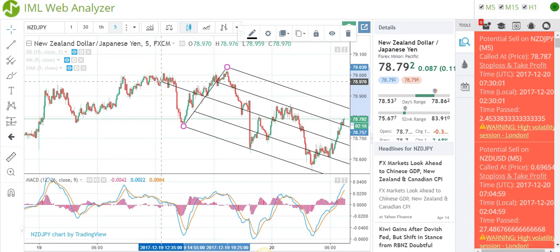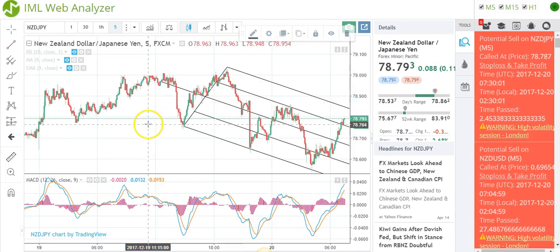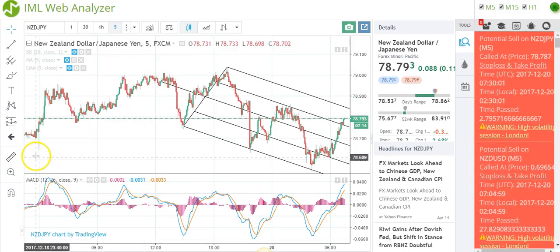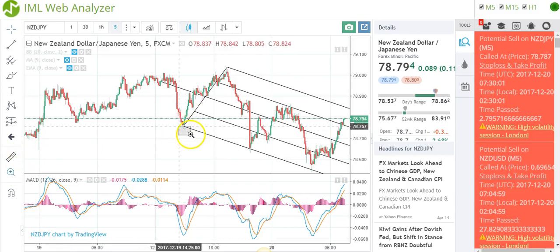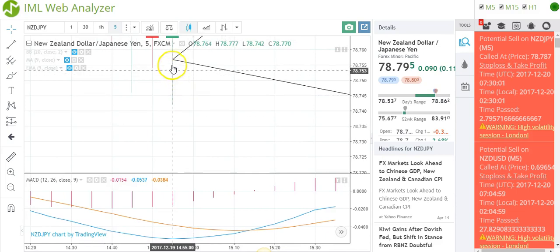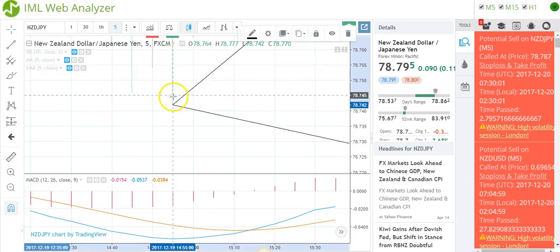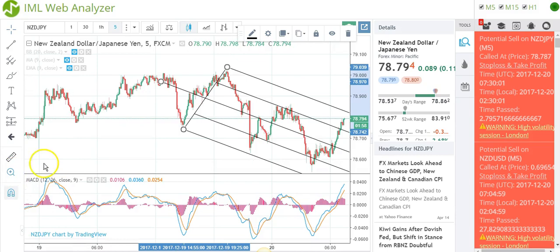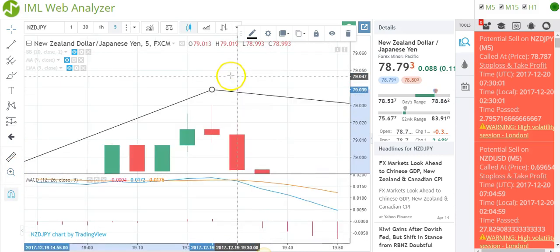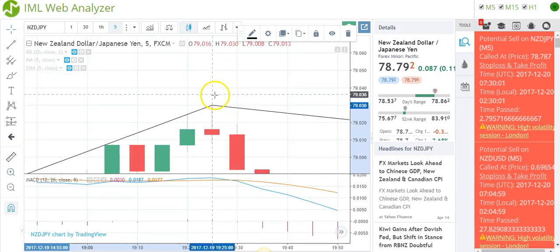One thing I love about pitchforks is they're very accurate in entries. When you set your pitchfork, you want it at the edge, the very tip of the wick, because again, your entries are going to be to the pip.